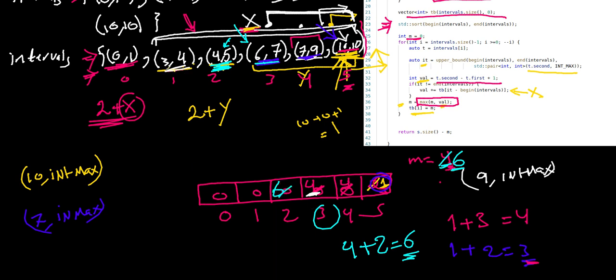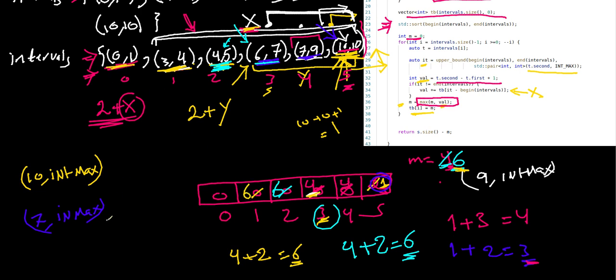Then we move to 3, 4. The first interval that doesn't overlap is this one at index 3. So we have 4 plus the current length of 3, 4, which is 2, equals 6. 6 is the same as 6, so we store 6.